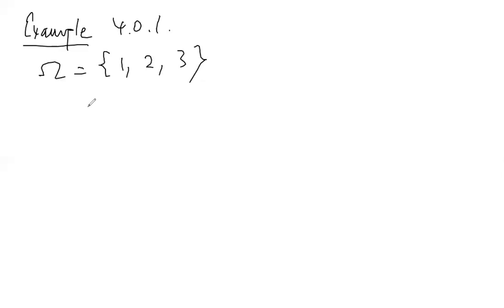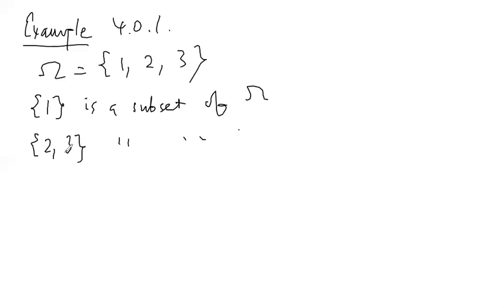What are subsets of omega? We can form subsets by taking any kind of combinations. For example, {1} is a subset of omega, and {2, 3} is also a subset, because {2, 3} is inside {1, 2, 3}. This is a larger set, and so on.